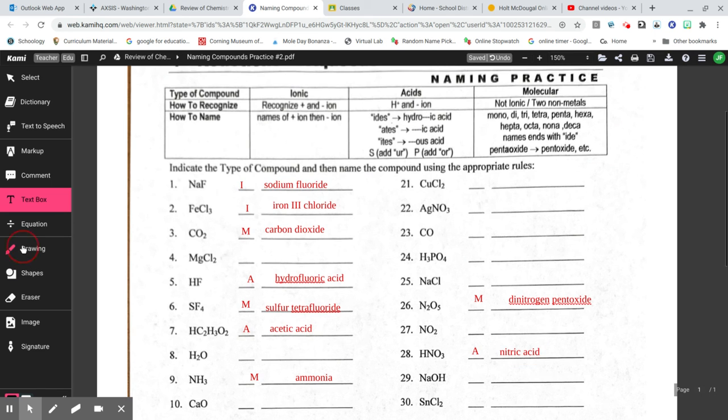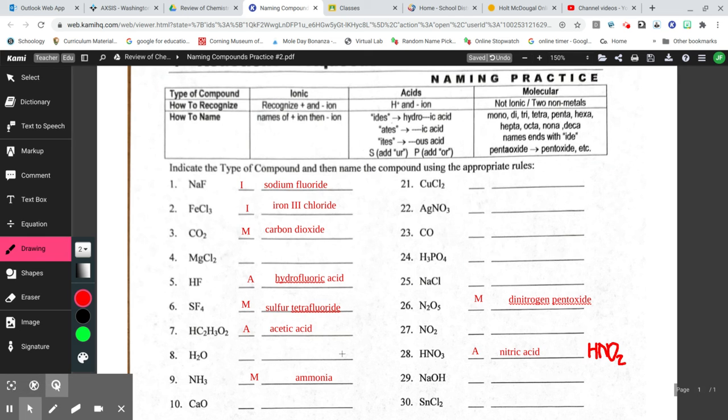Okay, so our formula here is HNO3, but let's just say our formula is HNO2. So again, I'm working with an acid because I'm starting with the hydrogen ion. And this time, NO2 stands for nitrite.